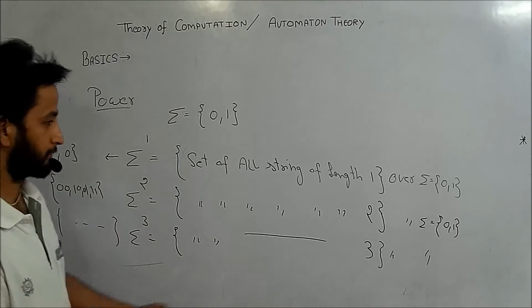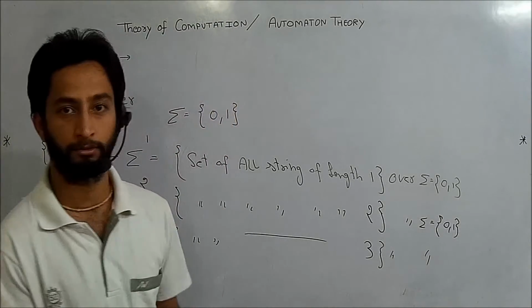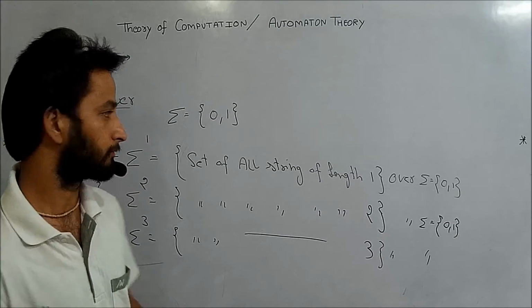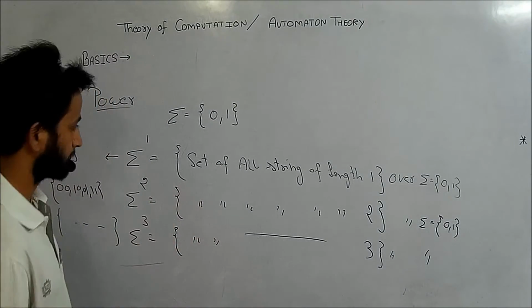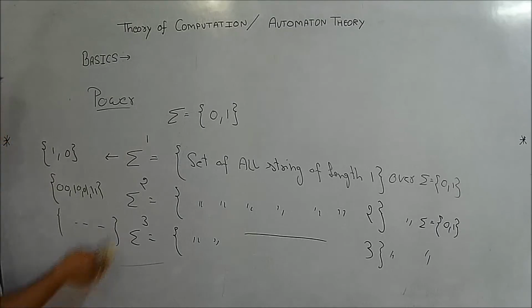You can calculate it because it is easy: the first combination is 000, next is 001, and so on. So this is all about powers.